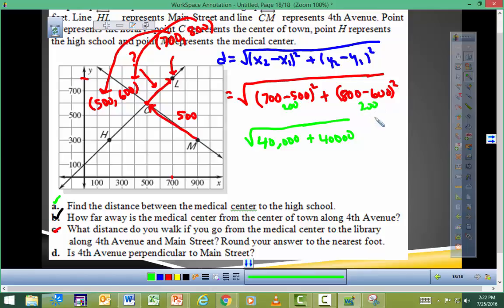Let's see, 200 squared, 200 times 200. Yeah, that's going to be 4 zeros. Yep. And so then we take the square root of that.